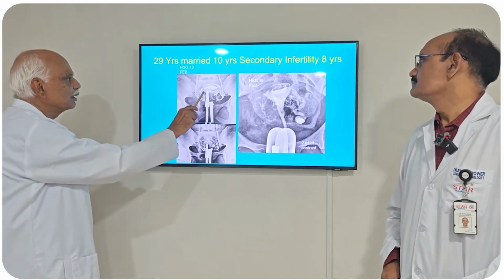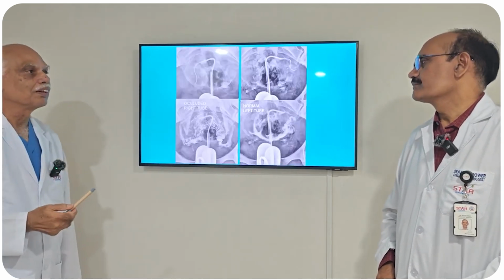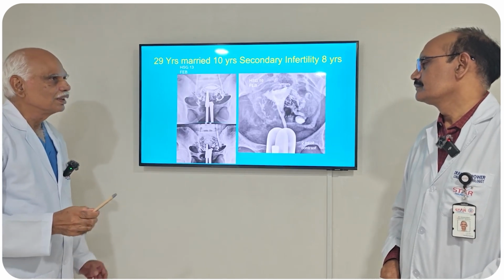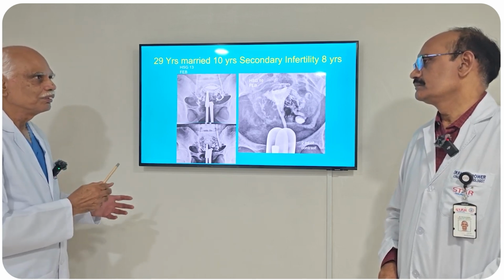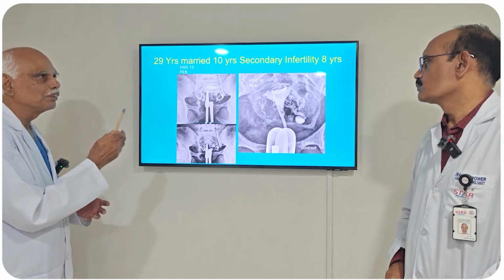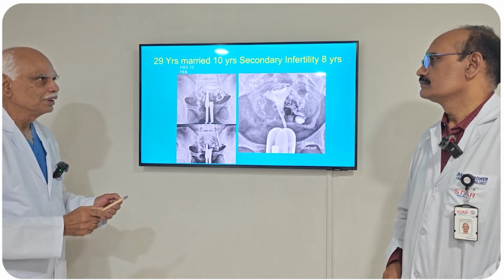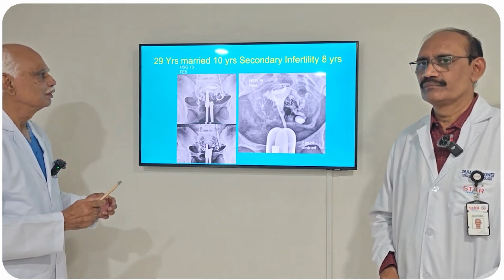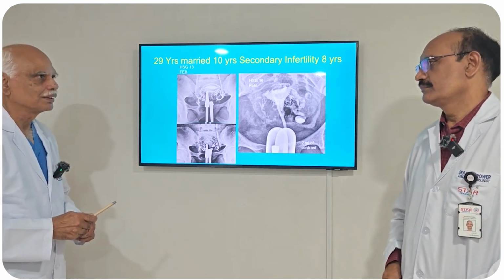Instead, you are seeing some contrast filling into veins, which is called intravasation. They are entering the veins of the uterus and not opacifying the tube. This is a blind procedure, because when you inject with force, the contrast goes into the veins instead of the fallopian tubes. So this is called intravasation of the contrast.